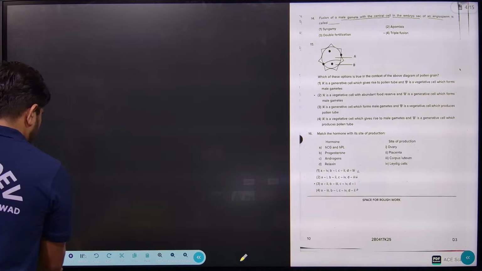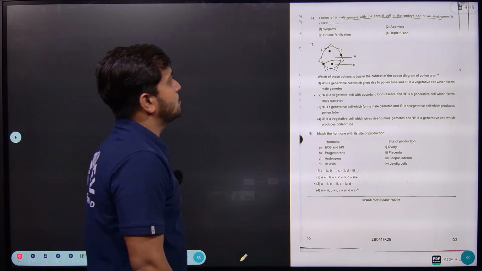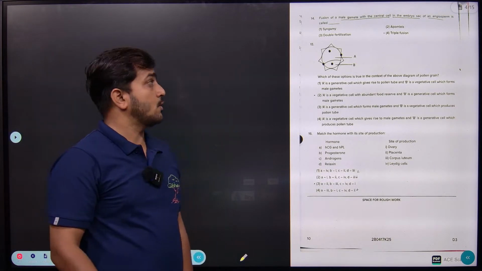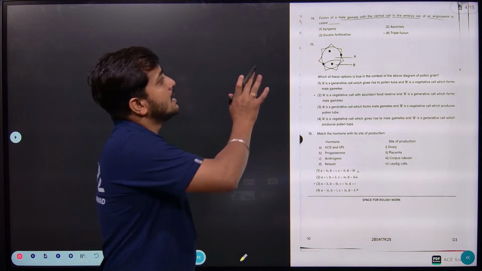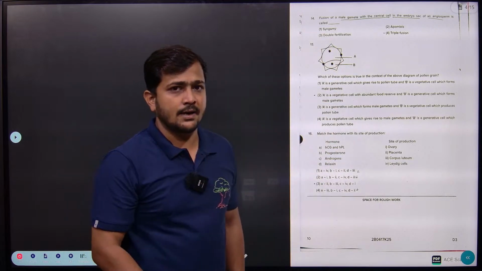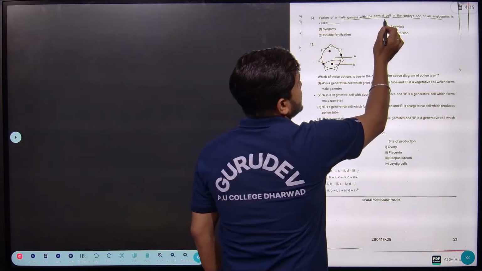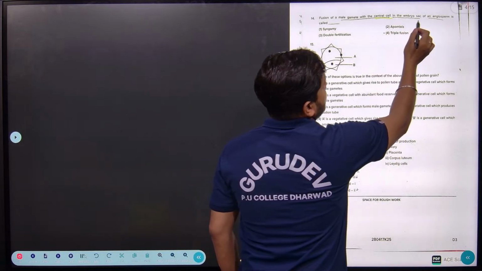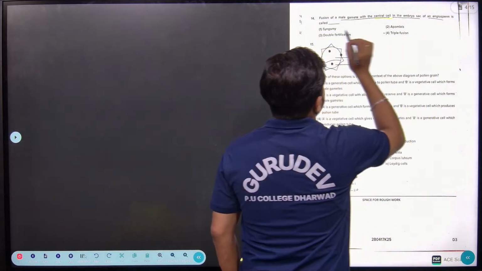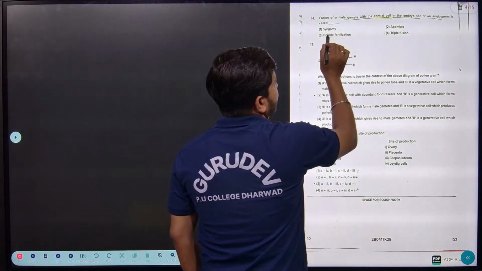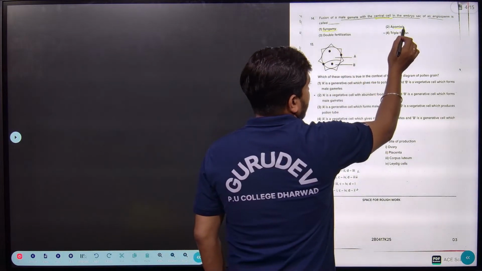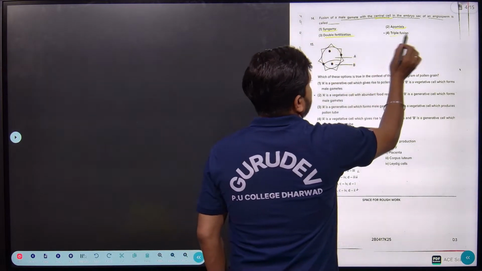So the next question, the 14th, is related to double fertilization, right? The fusion of a male gamete with the central cell in the embryo sac of an angiosperm is called what? The options are syngamy, apomixis, double fertilization and triple fusion.